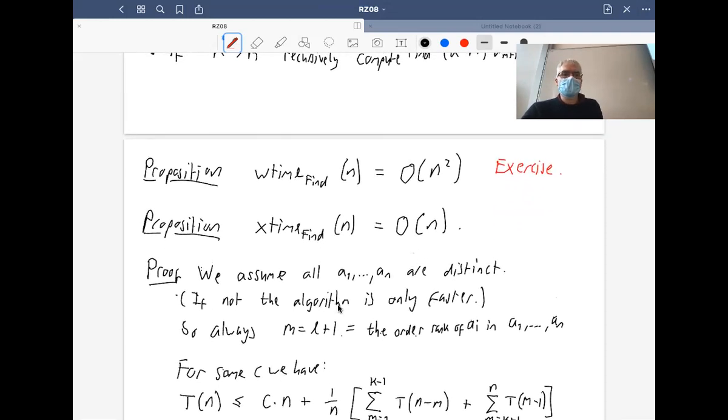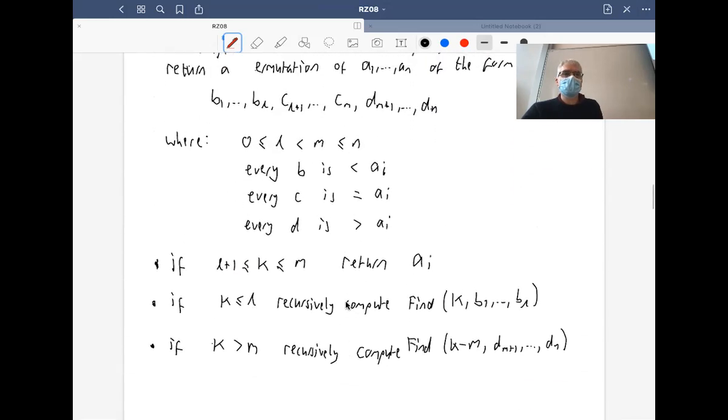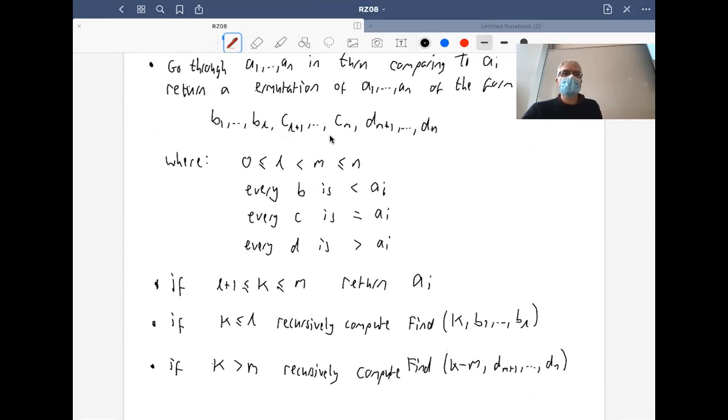So in the case that all the elements are distinct, then when we partition like this, we always have exactly one C, which is the element a sub I itself. So that means that m equals L plus 1, and also that Cm is the element a sub I.